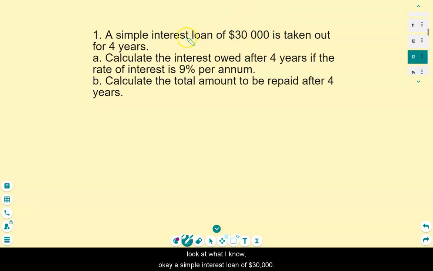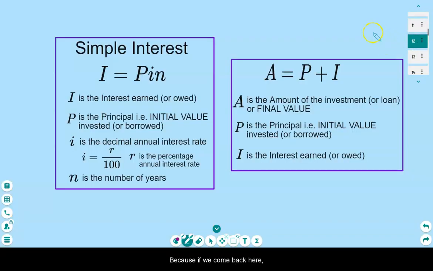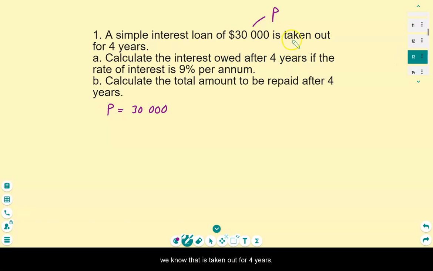A simple interest loan of $30,000. So that's the principal. So I'm just going to put down the principal is $30,000, because if we come back here, the principal is the initial value invested or borrowed. So we know that is taken out for 4 years. So that's our time period. So that's N. I'm going to put it in our little data table.